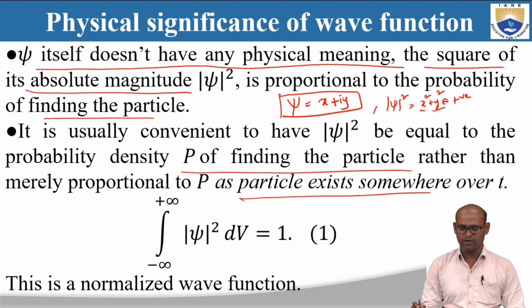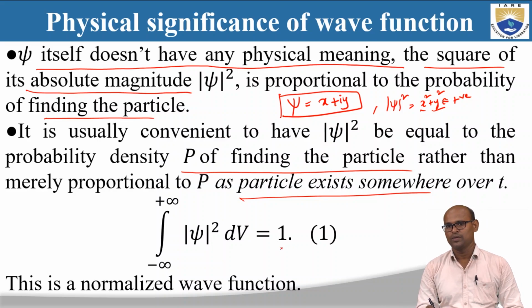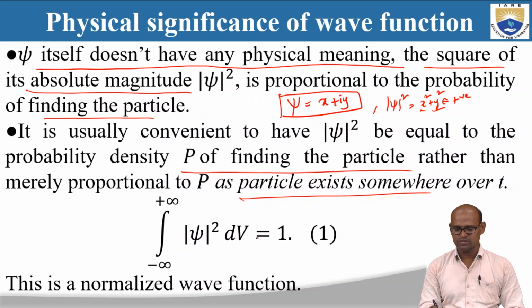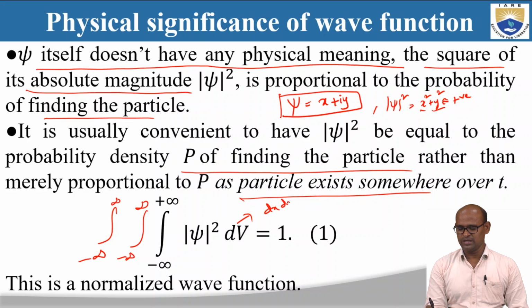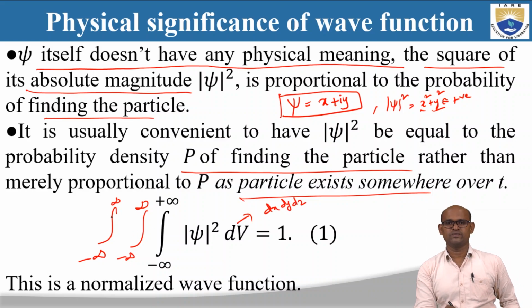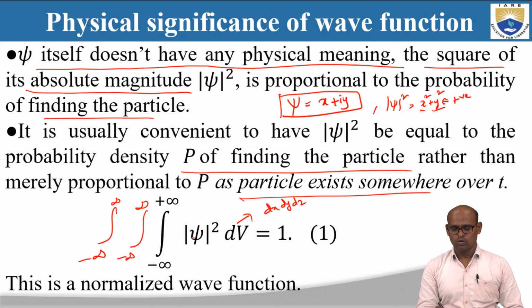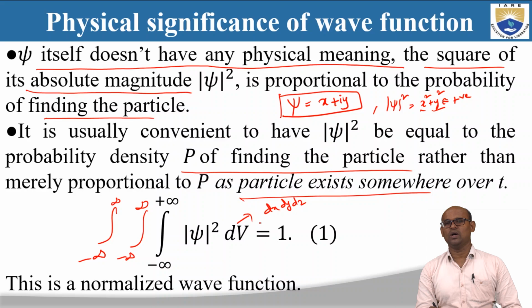So we define this as normalization, or a normalized wave function. We take the integral from minus infinity to infinity in three dimensions, because dV is dx, dy and dz. The integral of mod psi square dV must be equal to 1.